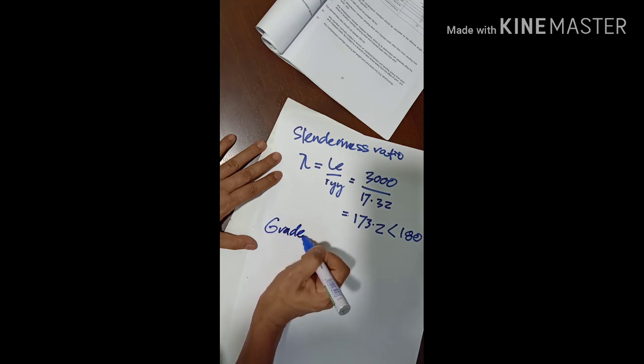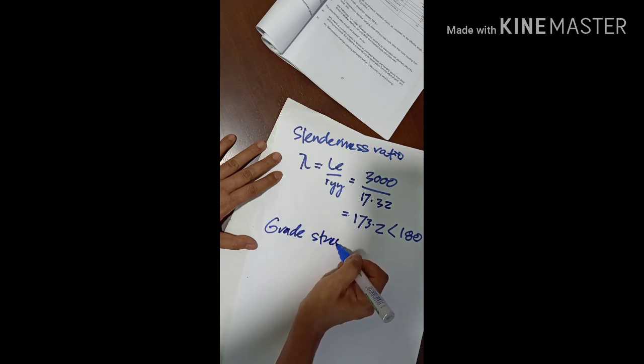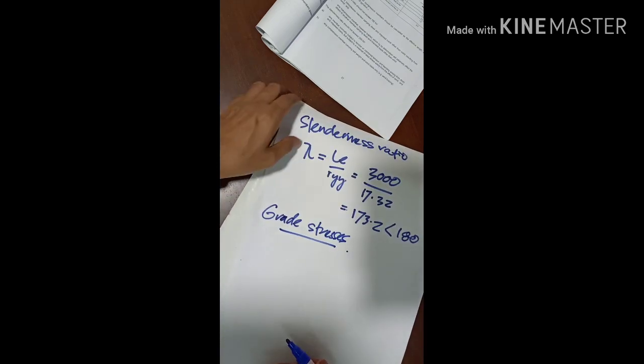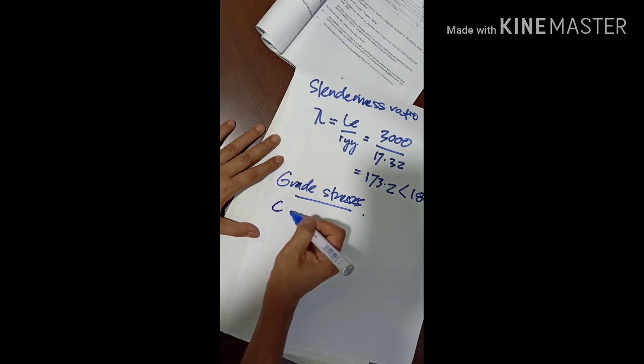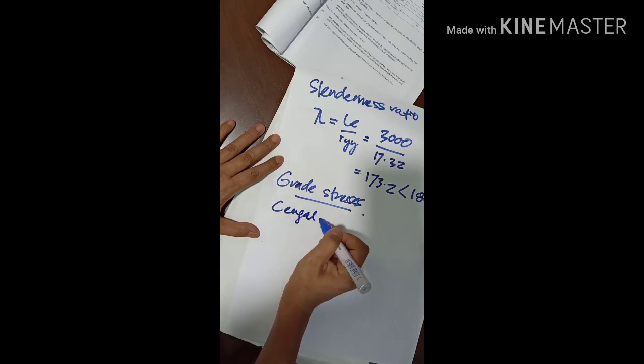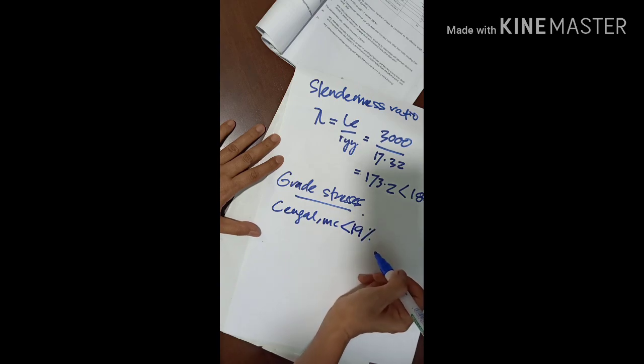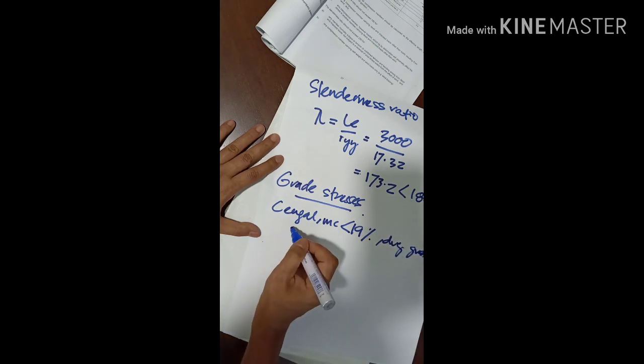So the next step is to identify the grade stresses of the selected timber. In our case, since we are using cengal, we have to look at cengal timber. The moisture content is less than 19%, so it is under dry grade, and it's grouped as standard timber.